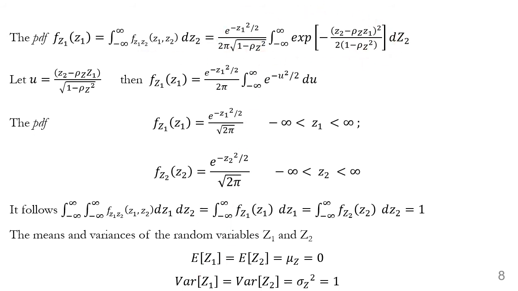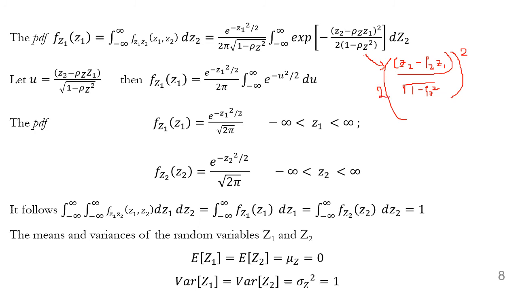Let us make a small change in the given equation. This equation can be rewritten as z2 minus rho z z1 divided by root of 1 minus rho z. This entire thing, which we have squared, can be written as a square term, and 2 is the constant term.